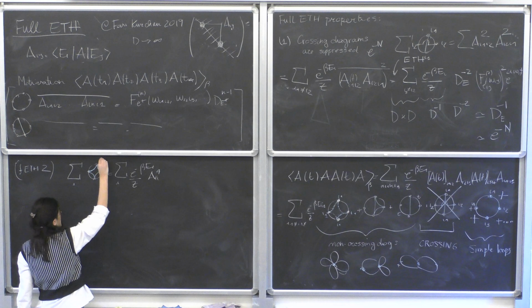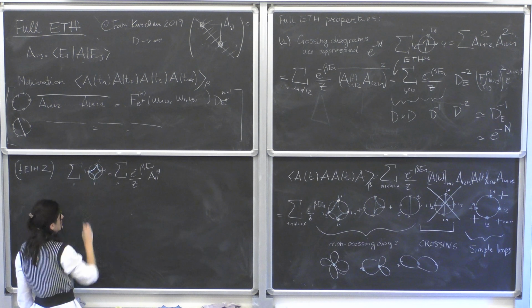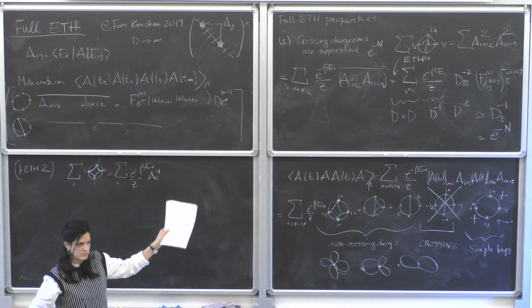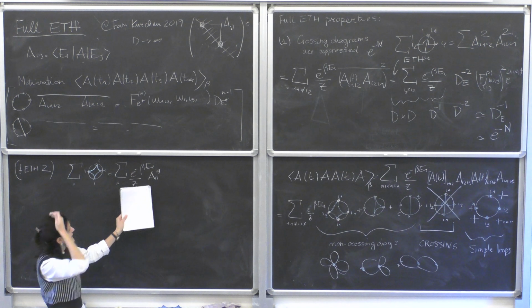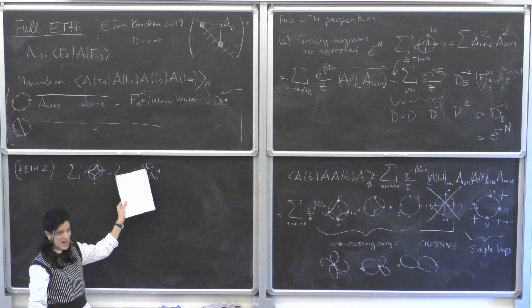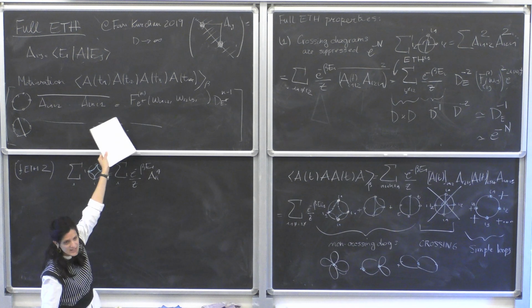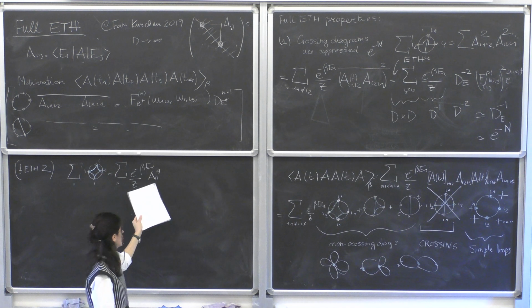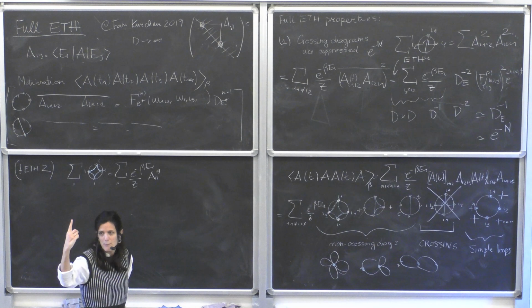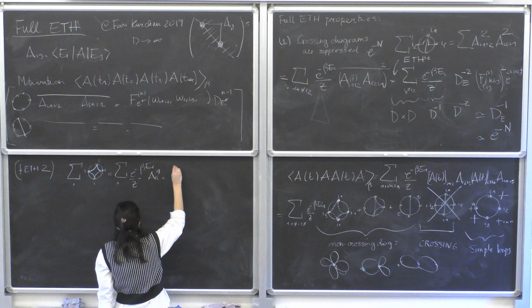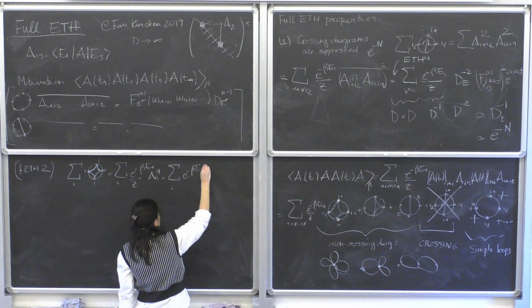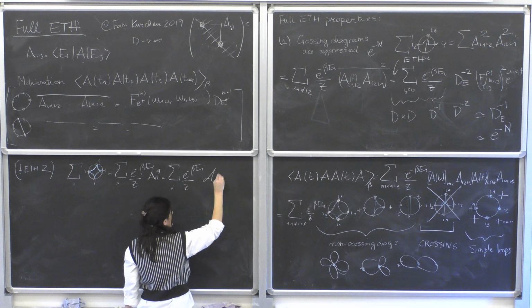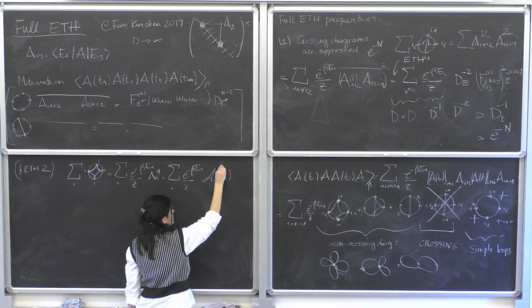So here I have I, drop the 1 too. Okay, so I use ETH, namely that at the leading order these objects factorize, and now this is full ETH, so this is a smooth function of the energy. This is just ETH for one point. So this is a sum over I of e to the minus beta E_I over Z, A of E_I to the 4th.